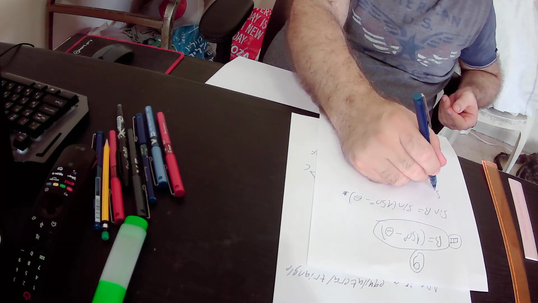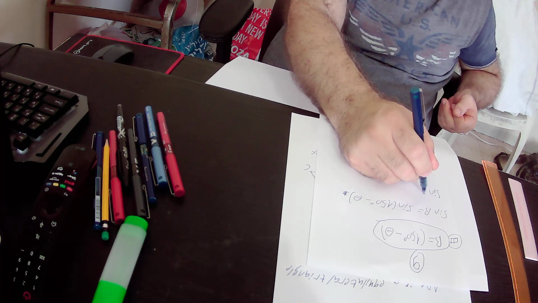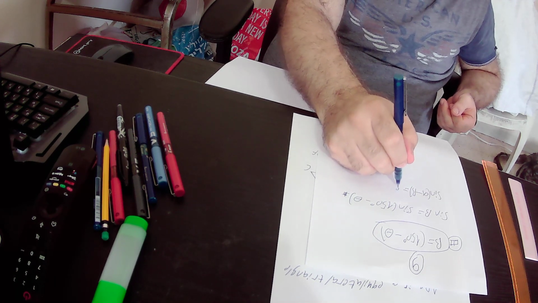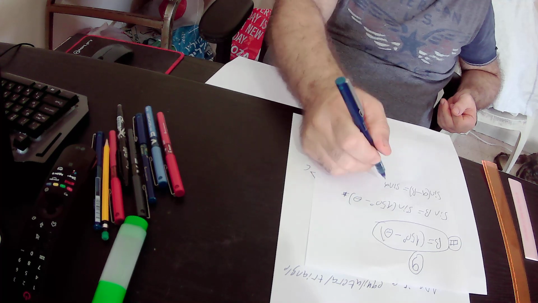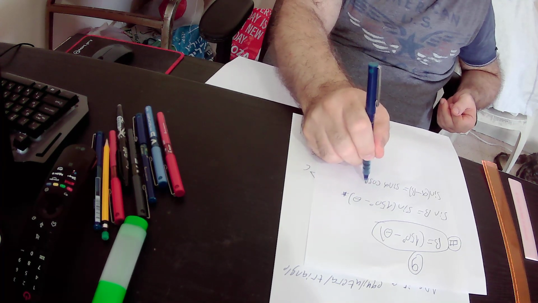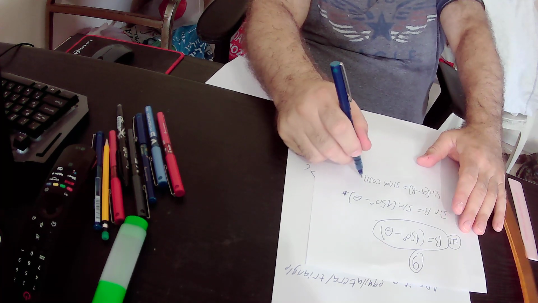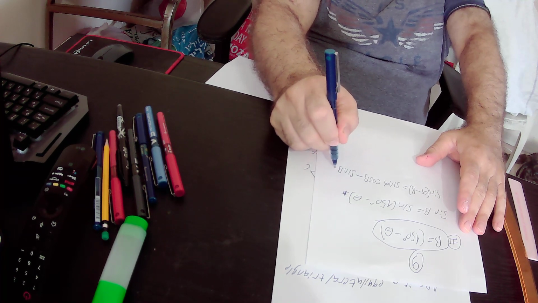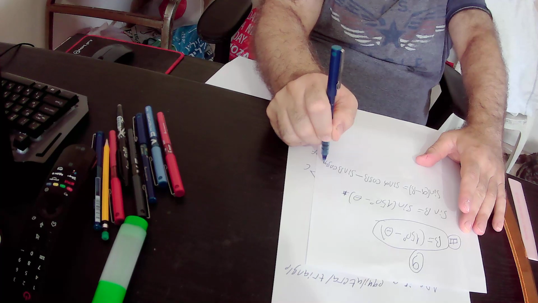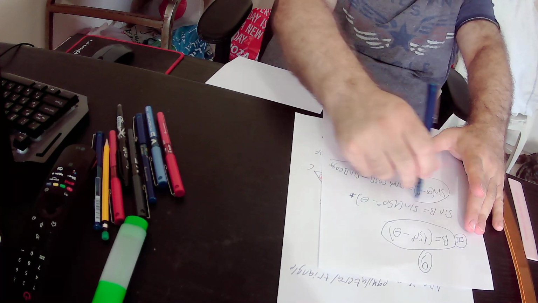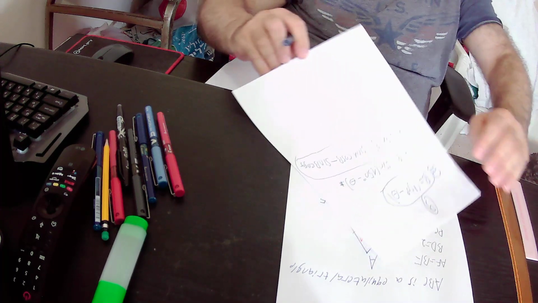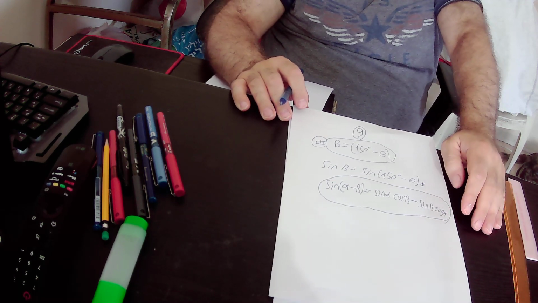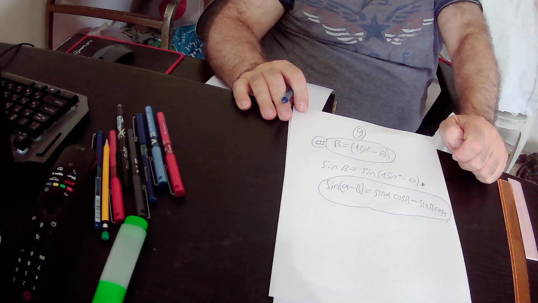We have the trigonometric identity that states that the value of sinus alpha minus beta equals sinus alpha cosinus beta minus sinus beta cosinus alpha.